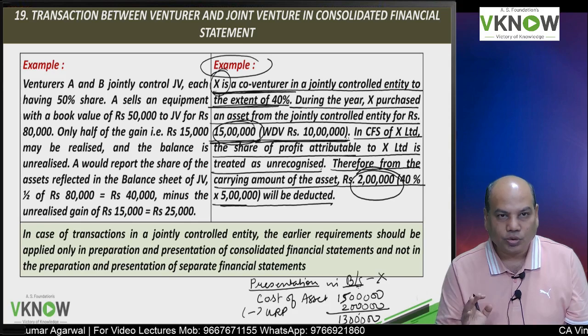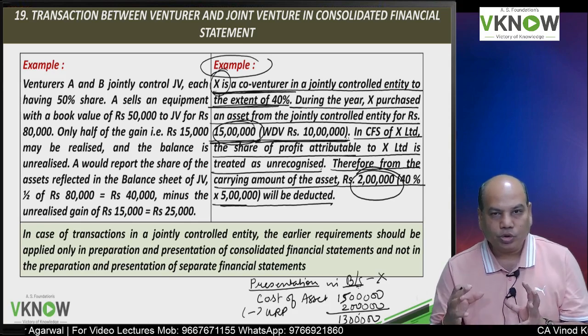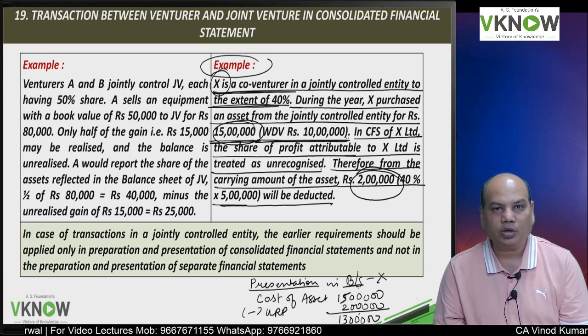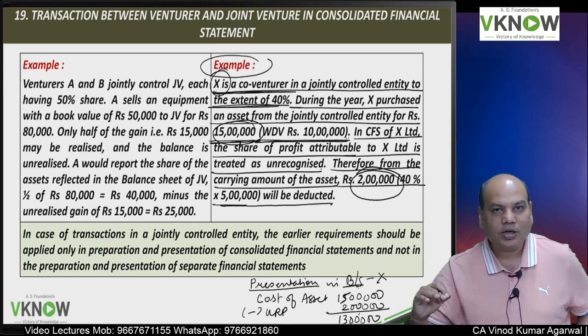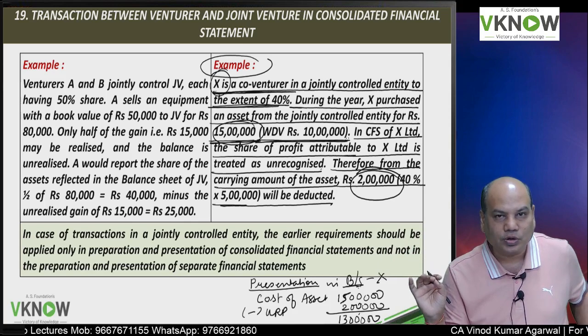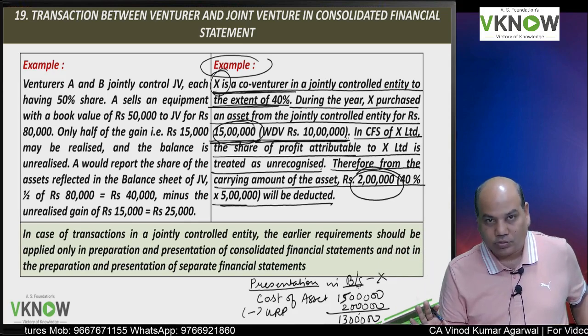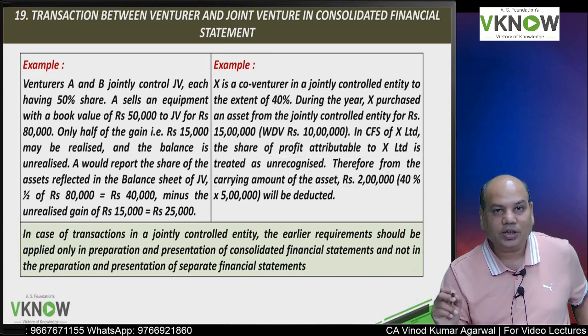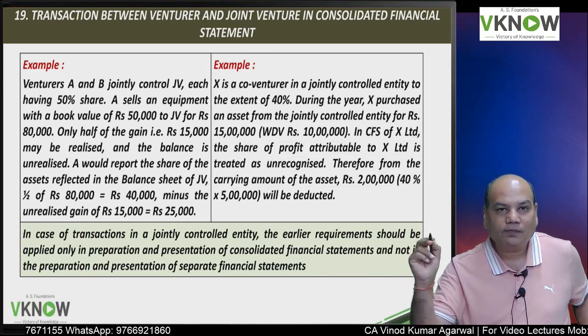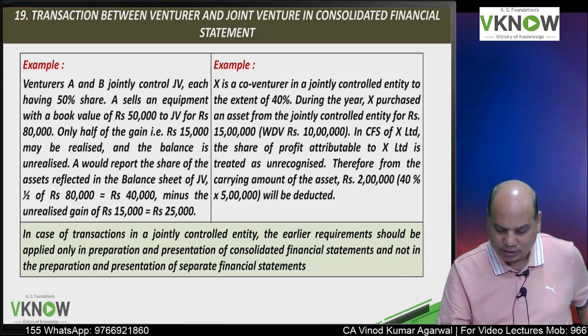Unless the asset is sold by you to a third party, your share in profit will not be recognized. So one effect will go to asset, and of course the other effect will go to consolidated profit and loss account. So this is how profits are eliminated in the consolidated financial statement.